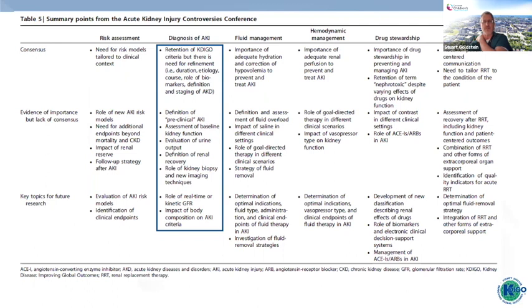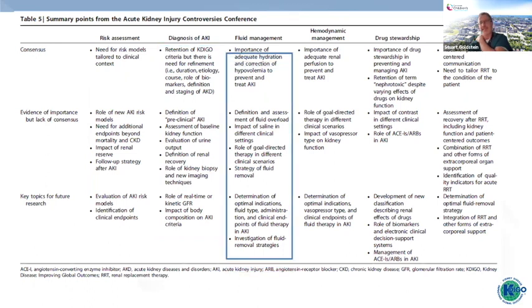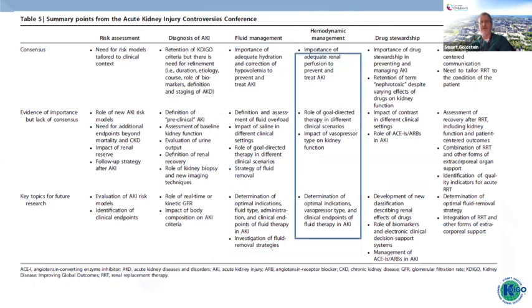In fluid management, and I didn't have time to go through this, both what adequate hydration status is, but using different types of fluid, 0.9% sodium chloride or normal saline versus balanced solution. Using balanced solutions may have an incremental improvement in mortality and development of AKI.